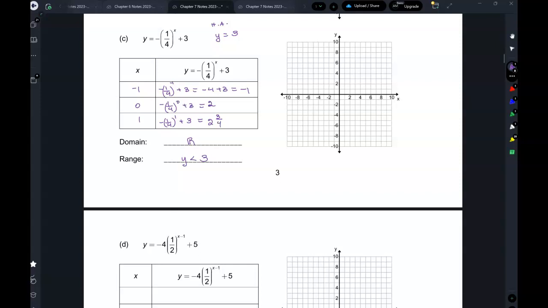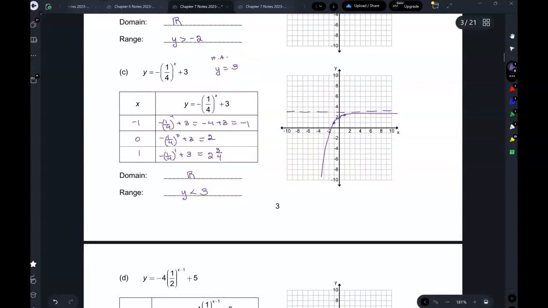Okay, let's do this. 3, 1, 2, 3. Asymptote goes first. -1, -1, 0, 2, and then 2 3/4. And so this is going to look like this. Does this make sense?